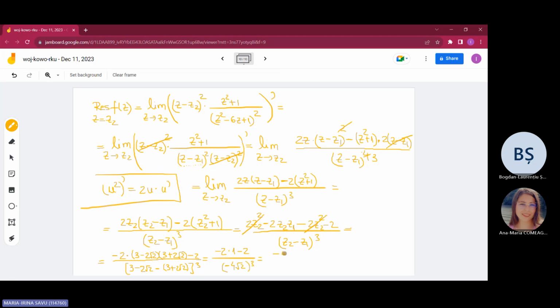Okay, so this is minus 4, and this is minus 4 cubed times 2 square root of 2. This is 1 over 16 times 30 square root of 2. And this is the residue of f in z2.